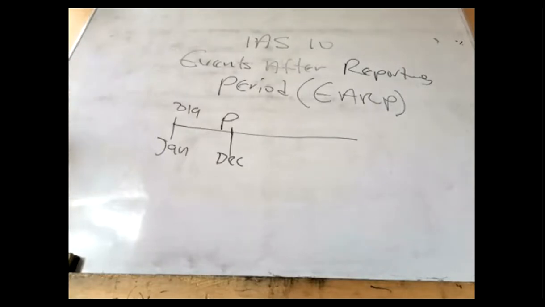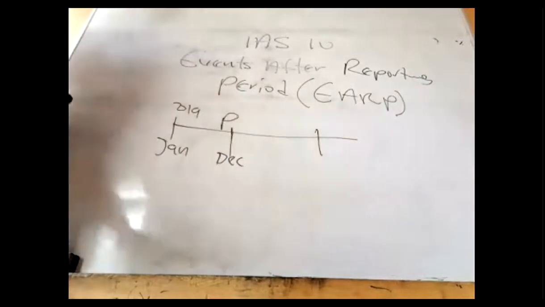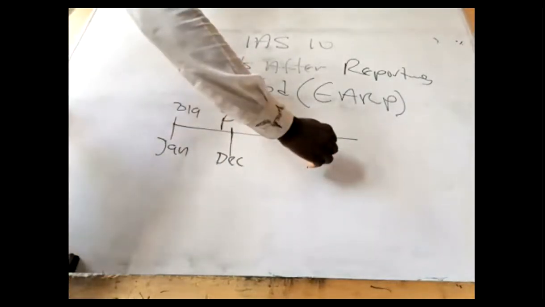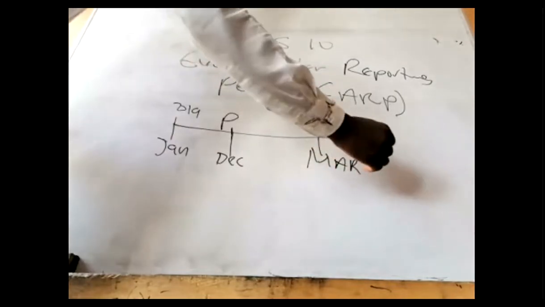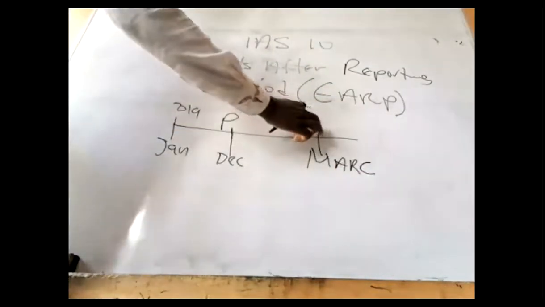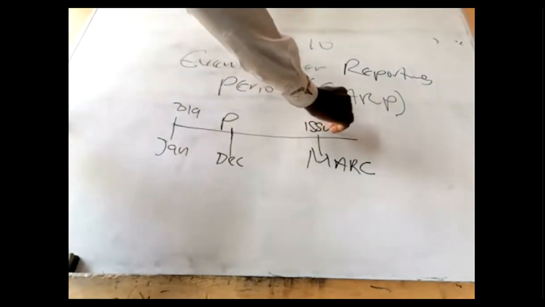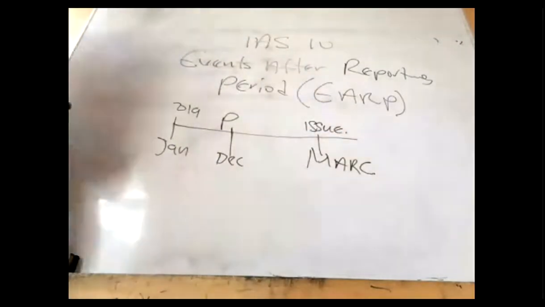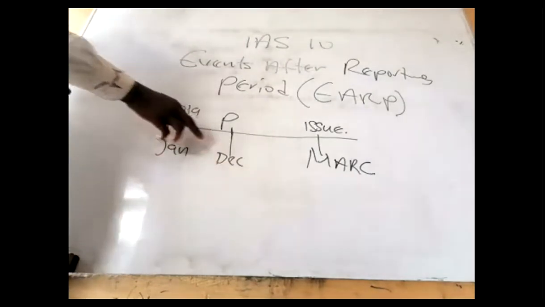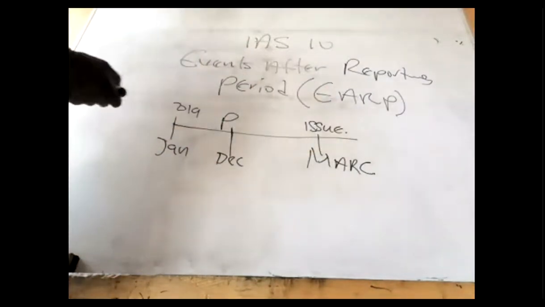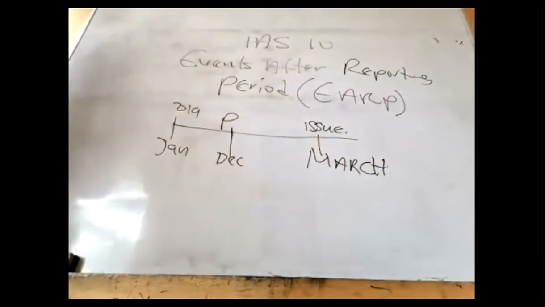Okay, so 3 months after. So ideally, by the end of the next 3 months, somewhere around the end of March, the financial statement should be ready. So you're going to issue it, the issuing date or publishing date. So you prepare the financial statement in December and you publish it in March so that the general public will have access to it.